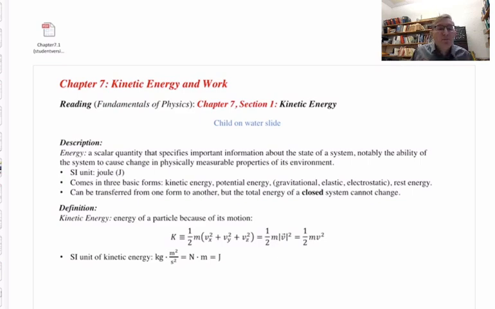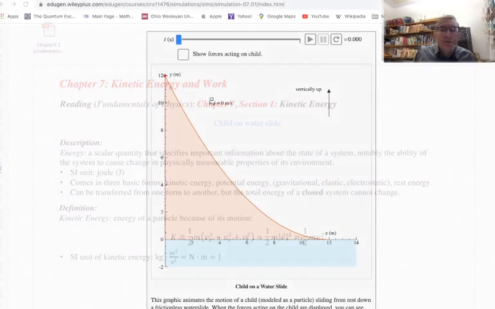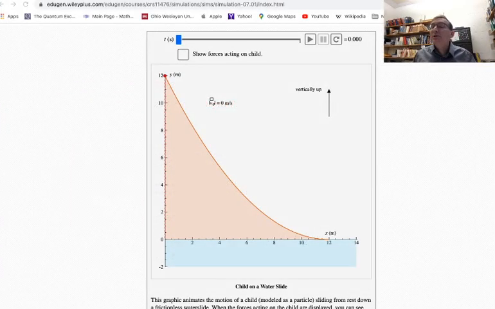Let me show you with a little Wiley Plus animation a physical situation where Newton's second law would be challenging. This picture shows a water slide in a water park.